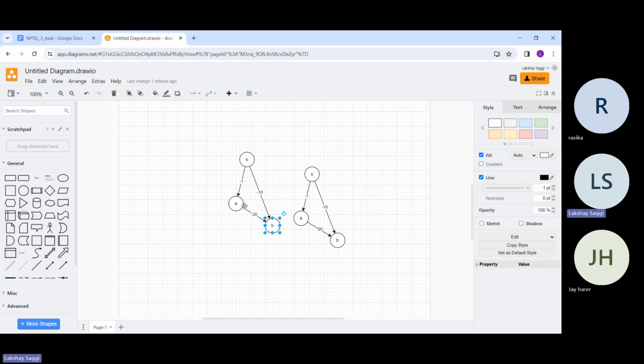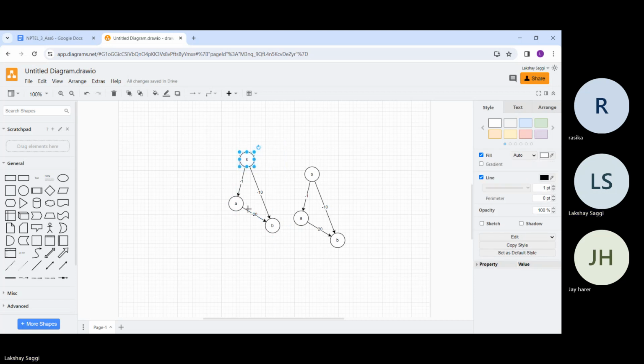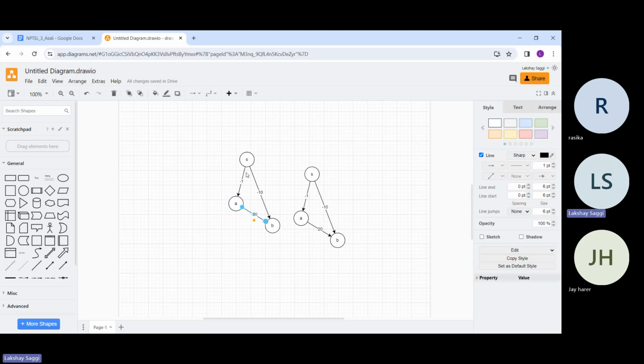But note that this is because of a very large negative weight being present, such that the other endpoint of this edge is not S. If the other endpoint was already S, then S would have picked this edge, right? So suppose this -20 edge was also connected to S only, then in the initial step S would have picked this edge itself.